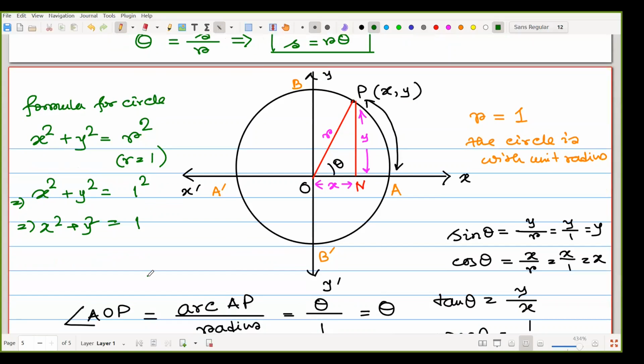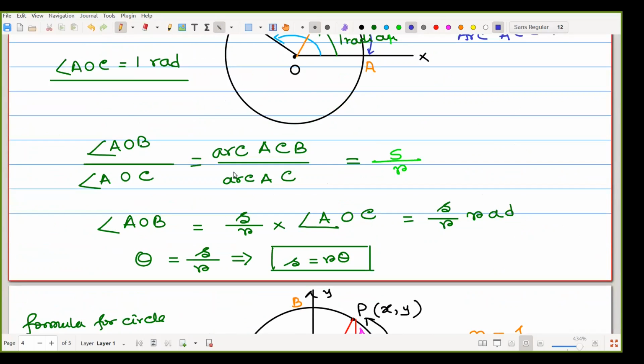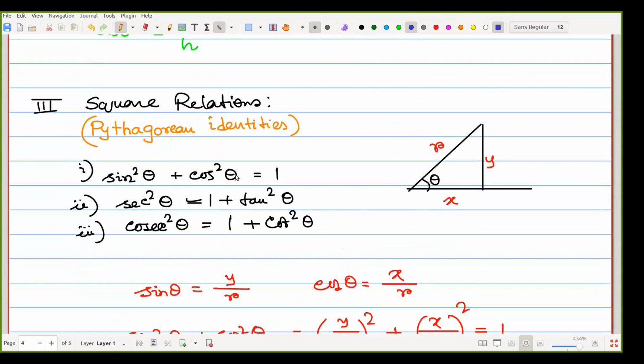Now look at the value. Y means sine theta, and x means cos theta. So we are writing here cos theta whole square plus sine theta whole square is equal to 1, which can be written as sine square theta plus cos square theta is equal to 1, which is giving our square relation, first one.